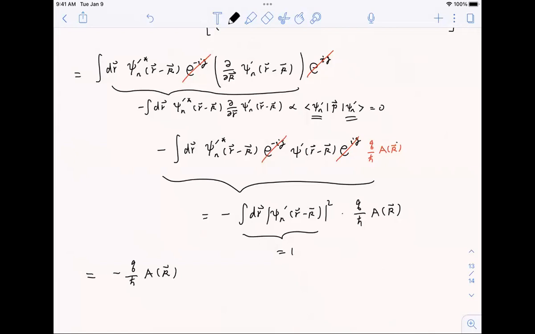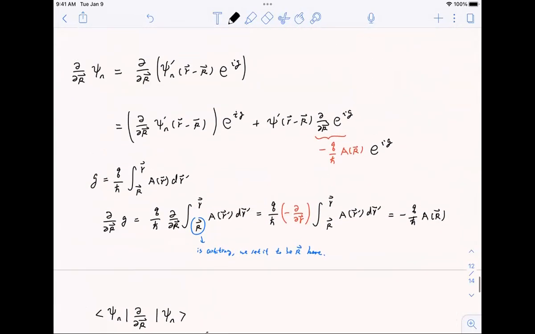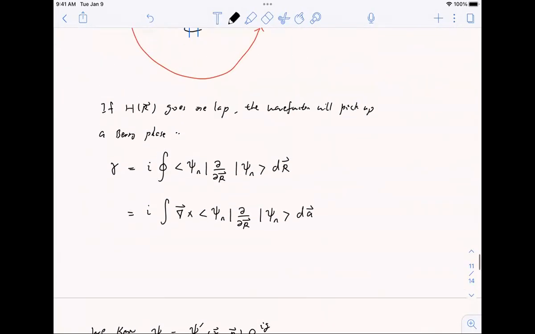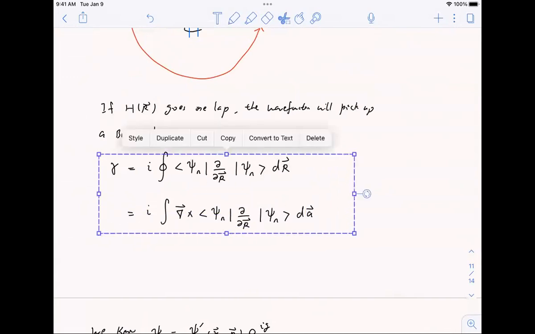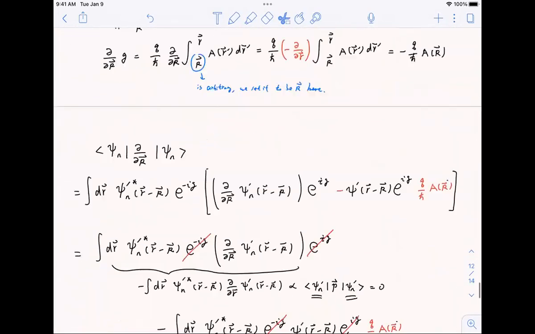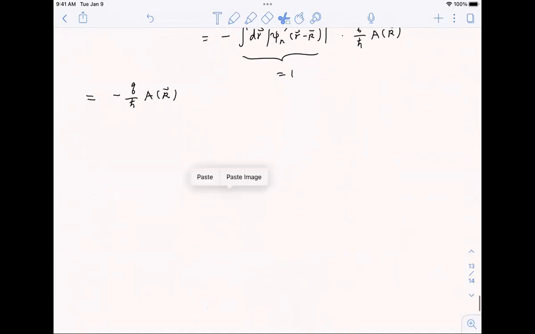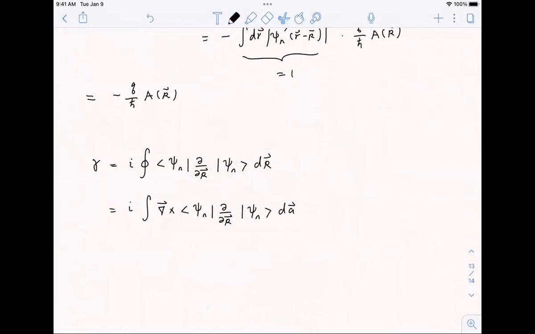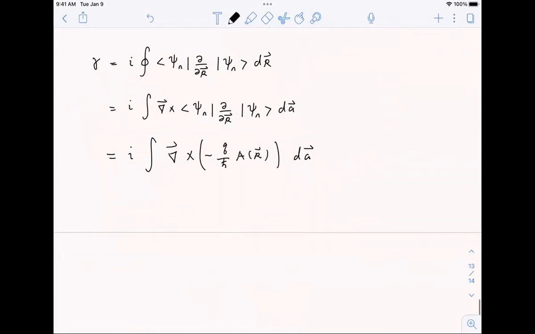Okay, just like that. So now let's go back to get this Berry curvature. Sorry, it's going slow. So the Berry curvature will be i cross this thing, and dA. And then you can move all this constant outside.